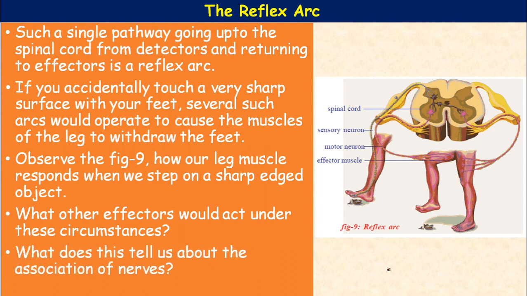So what does this tell us about the association of nerves? There is a coordination, there is an association. The spinal cord and the associated neurons, which are formed by the association of afferent and efferent, meaning sensory and motor, nerve fibers, are responsible for carrying those immediate responses to the effector organs.